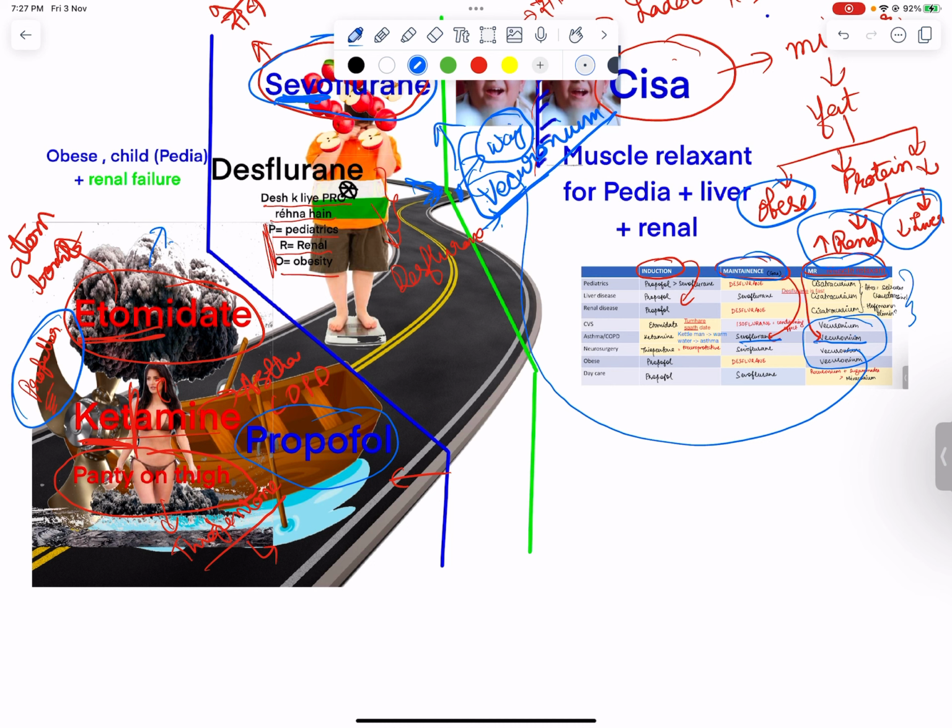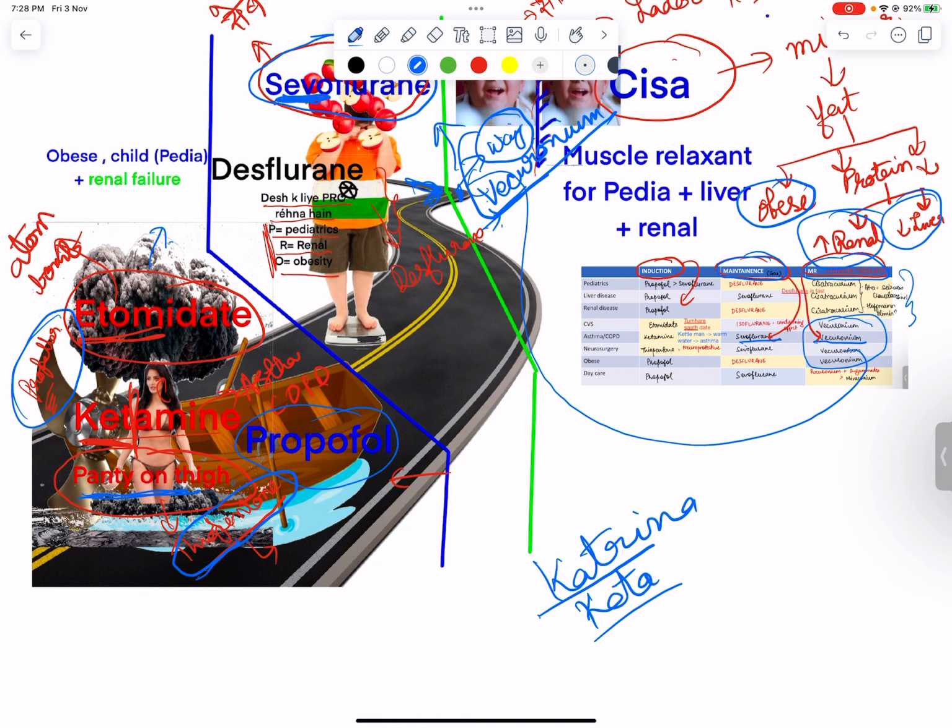So what we can remember is that the atom bomb is represented by etomidate, and Katrina is represented by ketamine. Katrina and Keta are similarly sounding names. And then we have her panty on thigh, so we can remember it is thiopentone.